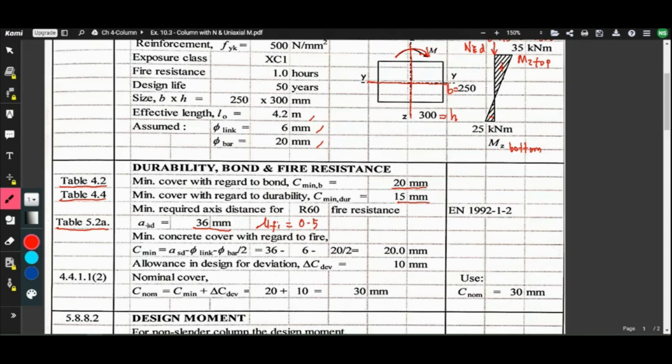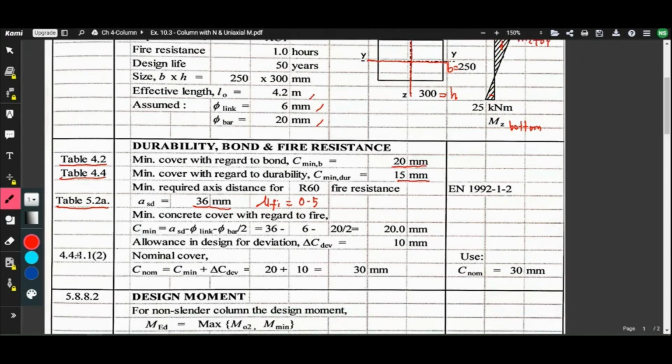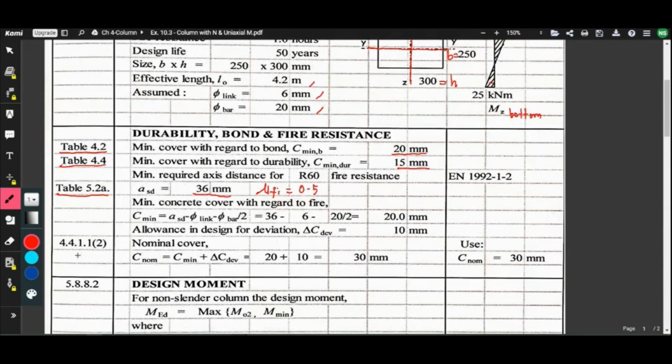So ASD is 36, therefore we can calculate Cmin with regard to fire as ASD minus diameter of link minus diameter of bar divided by 2. So 36 minus 6 minus 20 over 2, we get 20.